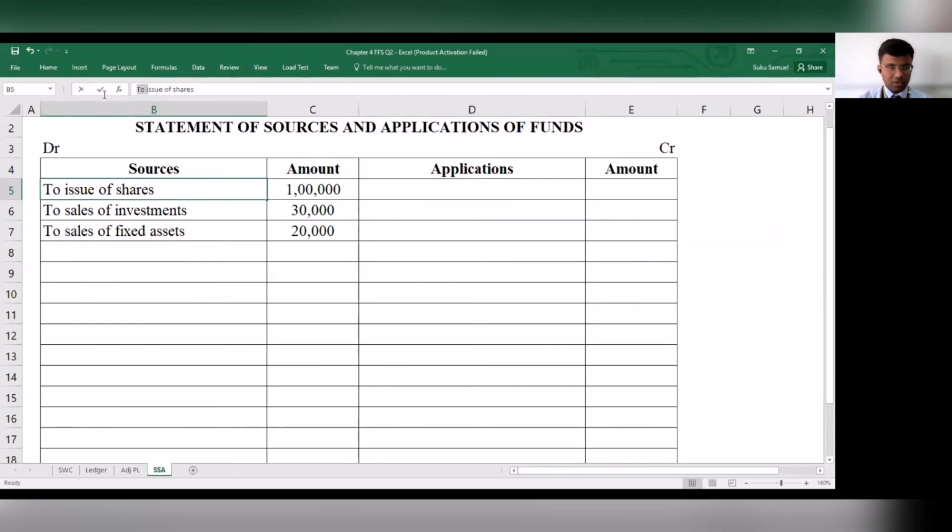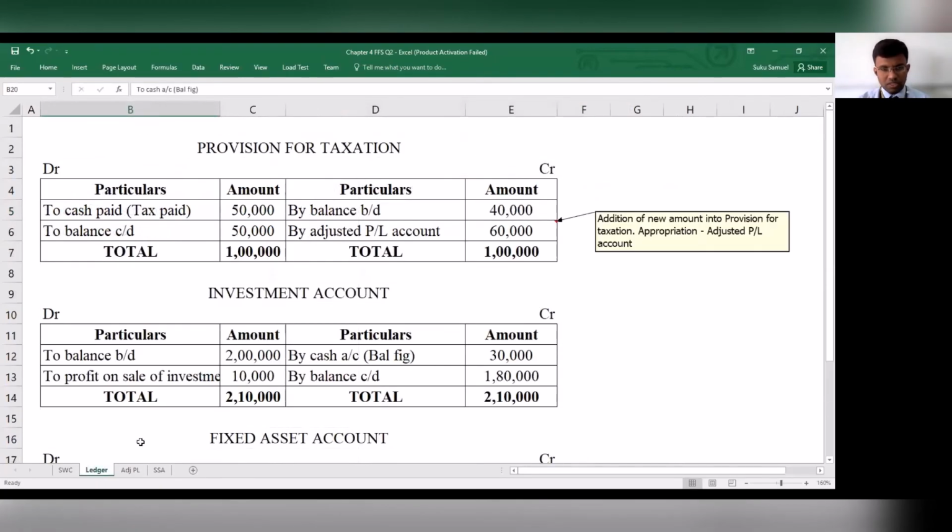Sorry, we need not actually write 'to' and 'by'. That was a mistake from my end, so let me quickly correct that. So payment of tax, and payment of tax is 50,000. You have paid tax worth 50,000.